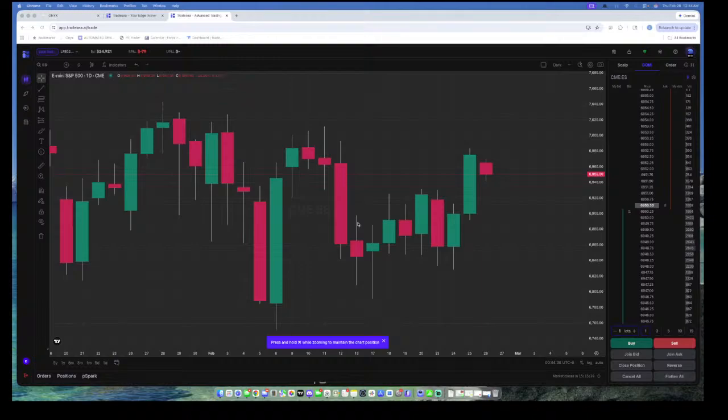Let's go over what the strat says. So we had a two down green day on this daily chart. It's Tuesday, so we had a two up day today. We are inside this mother bar here, going back to February the 12th. So about 12 days ago. You can see what happened was we had this big mother bar, a two down, and then we had another two down but green.